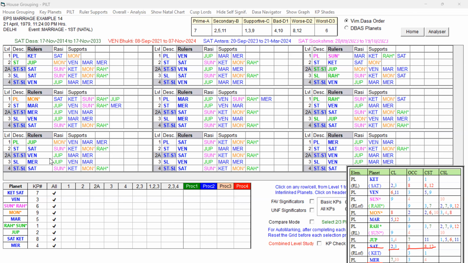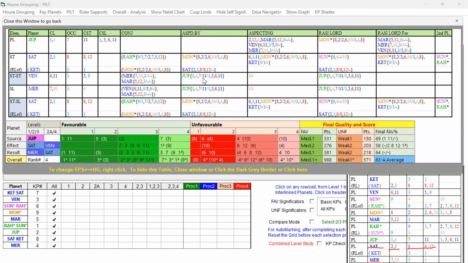Let me open the Jupiter, then I will explain. It will show you very clearly that Mercury, 7th lord, 10th lord, occupying 3rd house and 4th star lord, is fine only. But the 7th lord is in the star of Saturn, 2 and 3, also good. So 7 is going to get the support of this. And this is also 10th lord and 4th star lord.